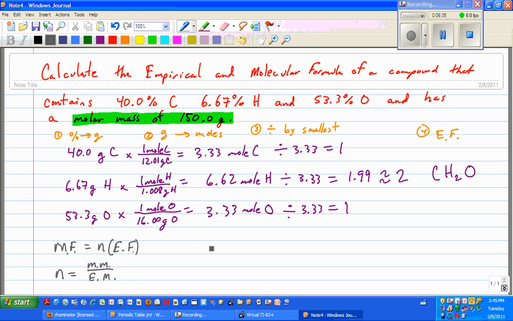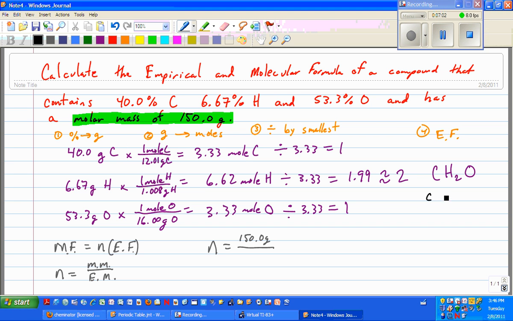Let's take that over here. n is going to be equal to the molar mass, which we identified up here, 150.0 grams, divided by our empirical mass, which we don't have. We're going to have to calculate that.